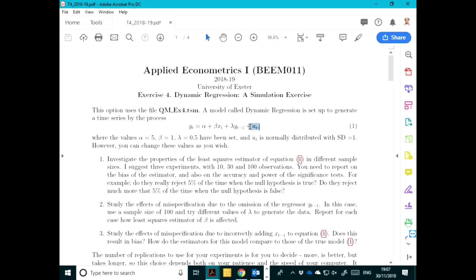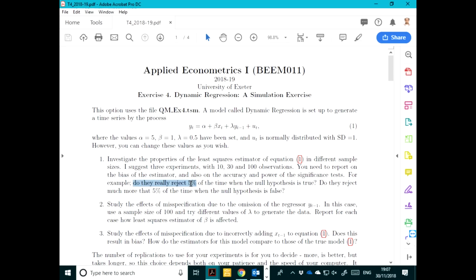And these are the error terms, and the error terms are normally distributed with mean 0 and variance 1, okay? And you need to report on the bias of the estimator and so on, and the accuracy and the power. So I believe I explained what we mean by accuracy, the bias of the estimator, and the power.